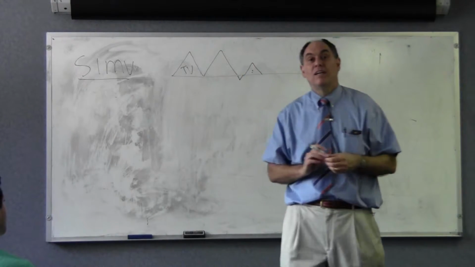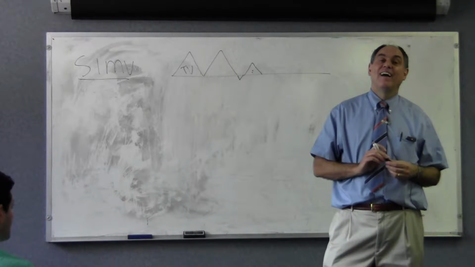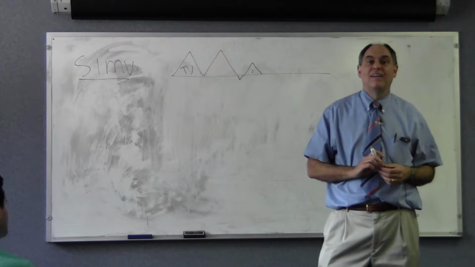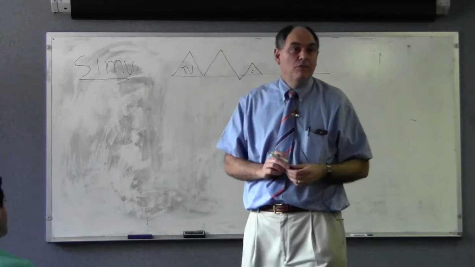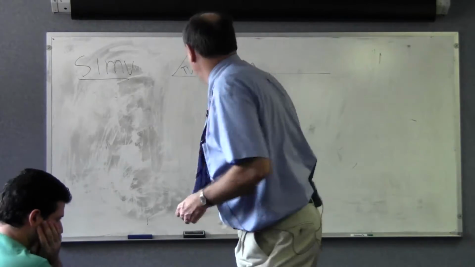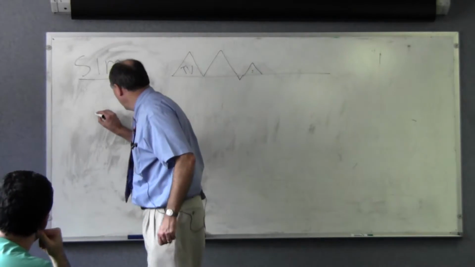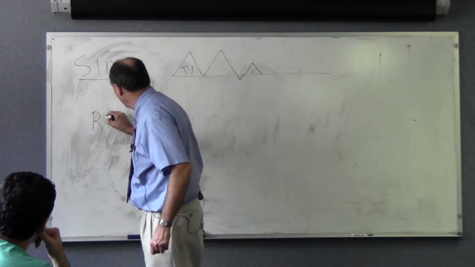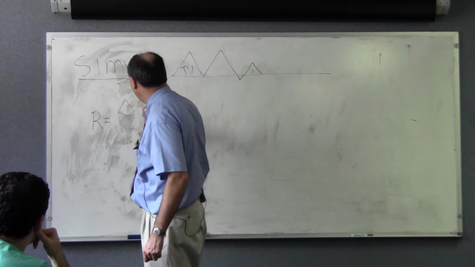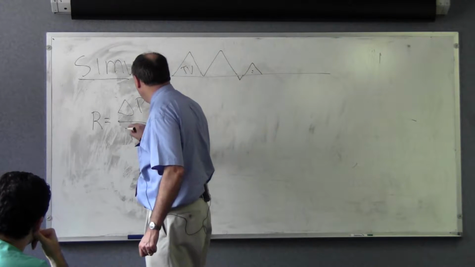Yes? You may have done this last lecture, so you don't have to go over it again. How do you personally determine the pressure support? Yeah, we did. So the way you do it is you calculate the resistance, which is the change in pressure over the flow.